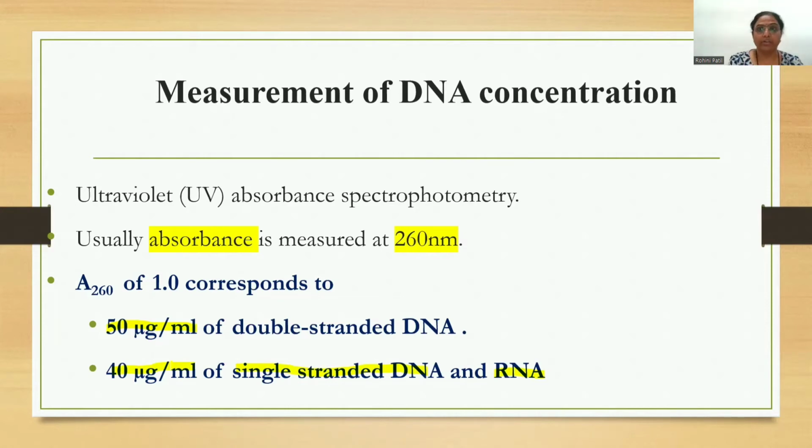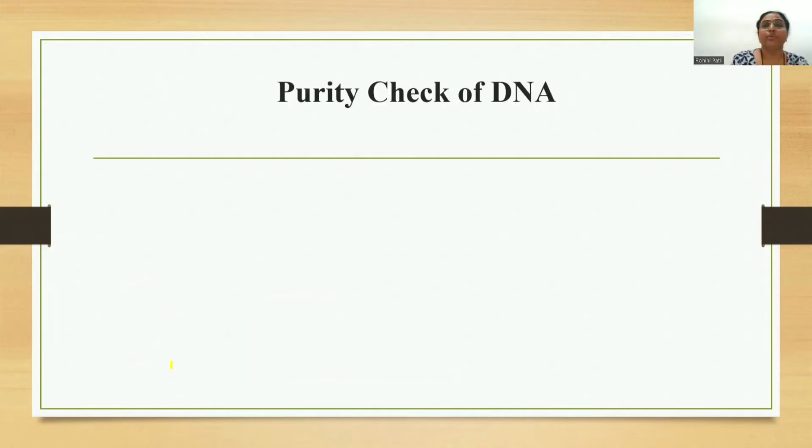Just do the cross multiplication. 1 OD is equal to 50 microgram per ml, then how much for 0.5 OD? Here it will be 25 microgram per ml, as the OD is half. In this way we can measure the concentration of the DNA by measuring the absorbance at 260 nanometer.